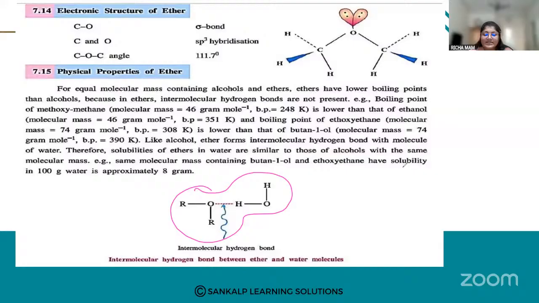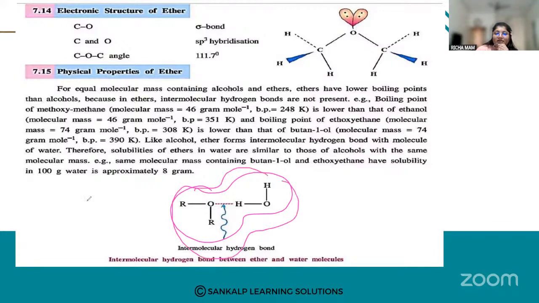Because there is an increase in the size of the alkyl group. As you go from lower to higher, there will be an increase in the alkyl group, bulkier groups, and so there will be steric hindrance. Steric hindrance increases, and the tendency to form the hydrogen bond with water goes on decreasing.